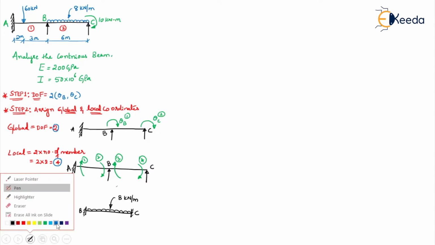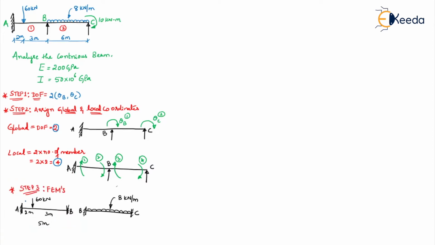So what will be the direction of your fixed end moments? This is bending the beam downwards, so you have to resist the bending. This is how your fixed end moment will be. This will be MAB and this will be MBA. Coming to this point, this will be MBC and here it will be what?